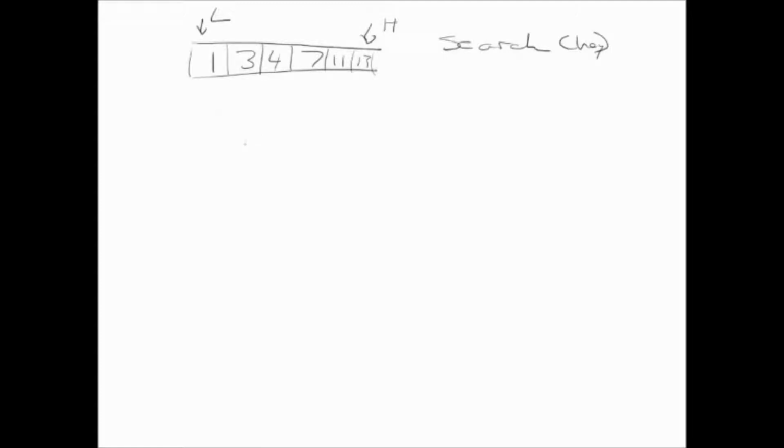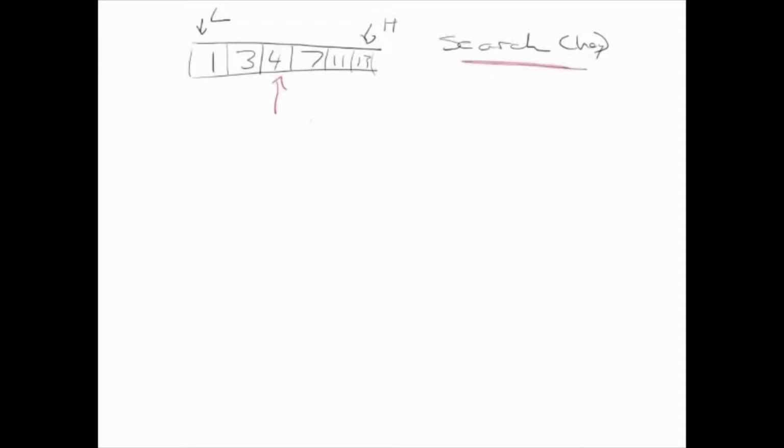Let's not worry about the base case just yet. Basically what we're going to do is pick somewhere in the middle. I've actually created a 6-element array, so let's pick this one. Now, if this is what we're looking for, then we return, no problems. If not, we call search again.